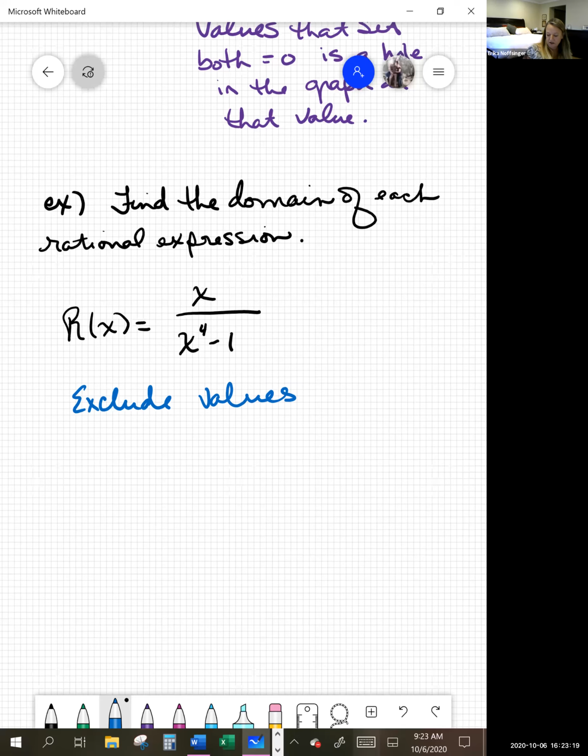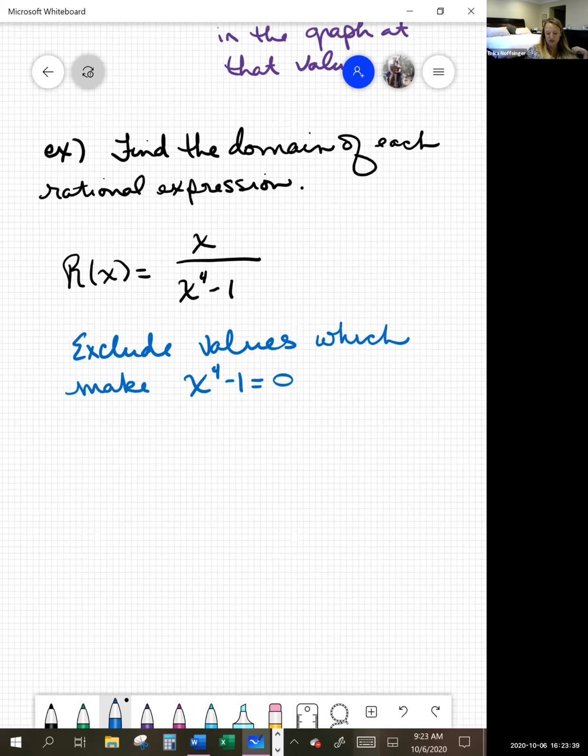values which make x to the fourth minus 1 equal to 0. Okay, so I need to factor this, or I need to solve for this somehow.